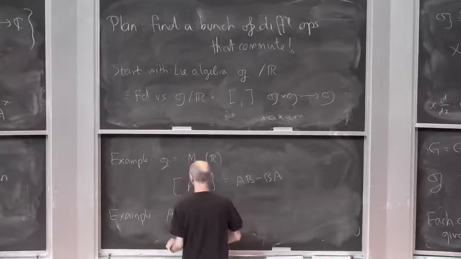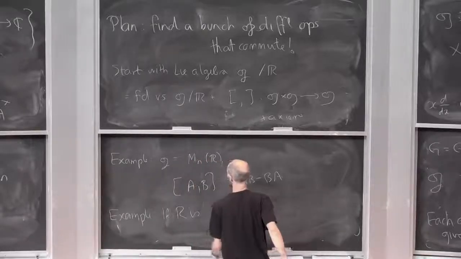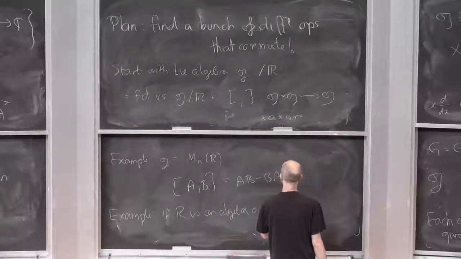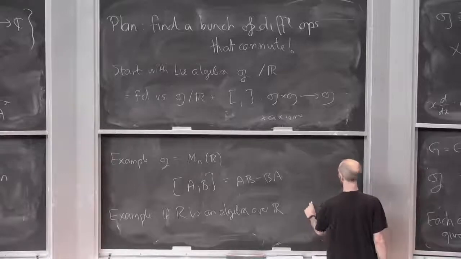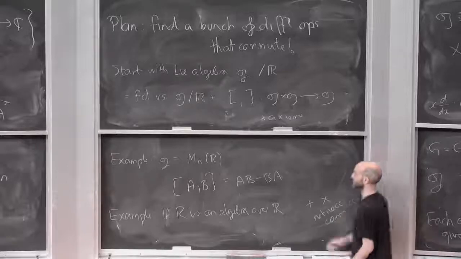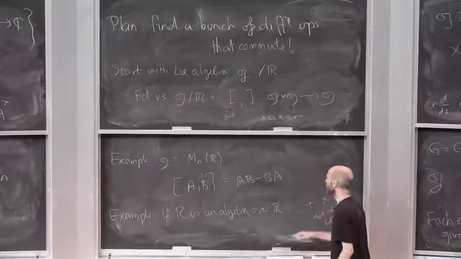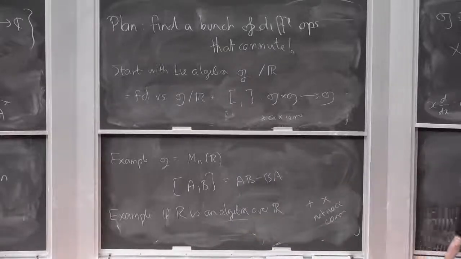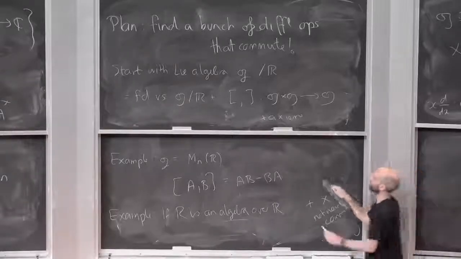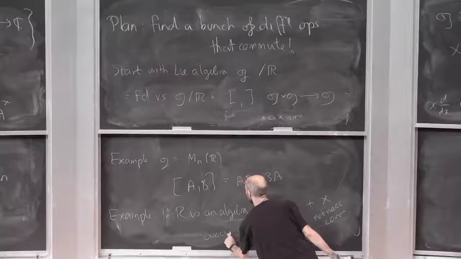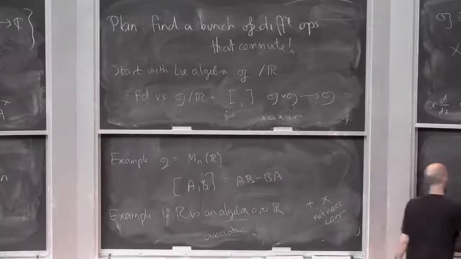So another example. If R is actually an algebra over the reals, i.e. R is a ring, right? I've got a plus and a times, not necessarily commutative. An example would be n by n matrices. Let's say I've got an algebra over R, so that means I have a product. The difference between a Lie algebra and an algebra is that on a Lie algebra, all you have is the bracket, but on an associative algebra, you actually have a product.